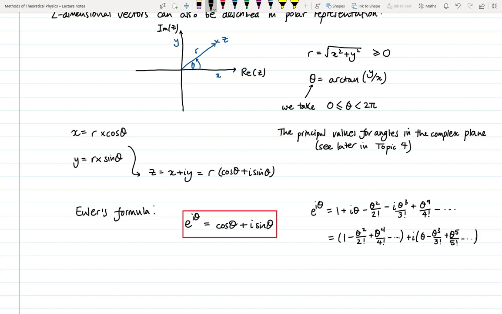This first part is the series expansion of cos theta, and the part inside the brackets on the right hand side is the series expansion for sine of theta with an i in front of it. So we can see that e to the i theta is the same as cos theta plus i sine theta.